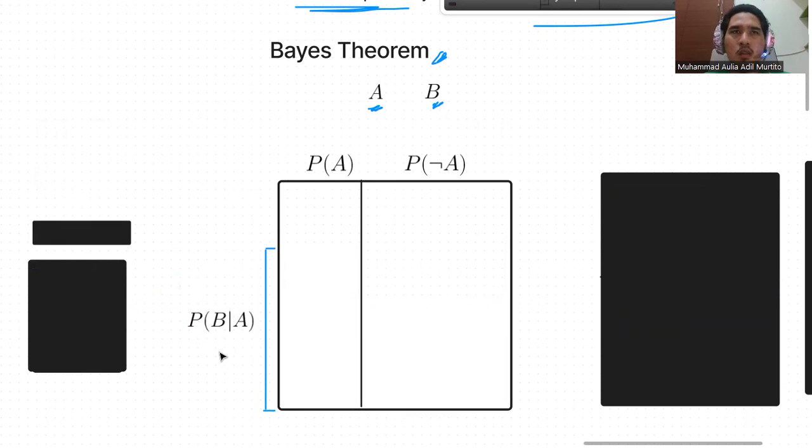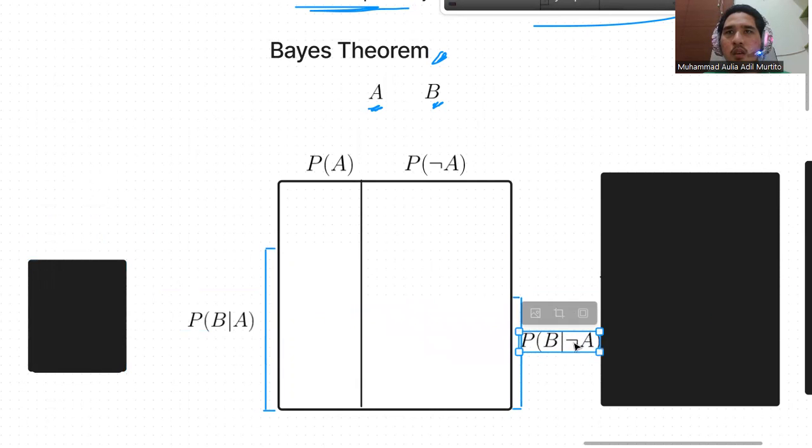It tells the probability of event B happening given A has happened. And this one here is when A has happened. As for this side here, it is the probability of event B happening given A doesn't happen.